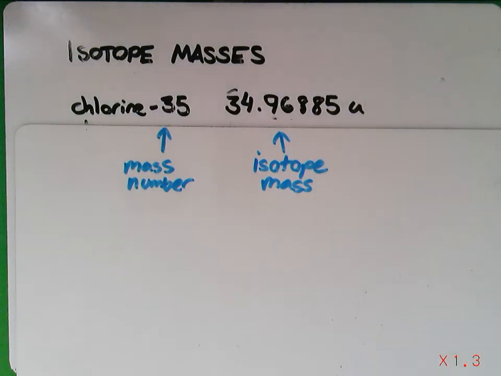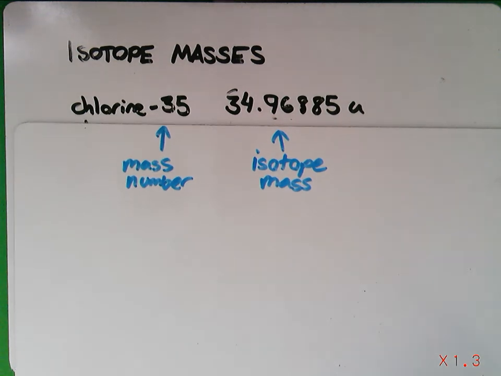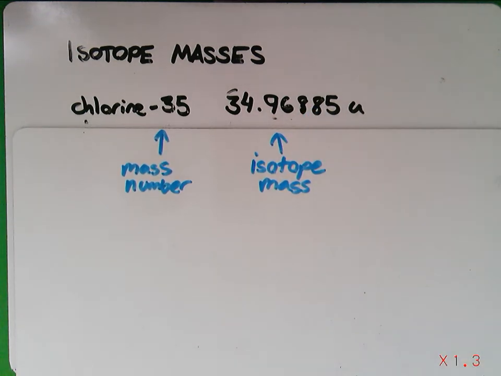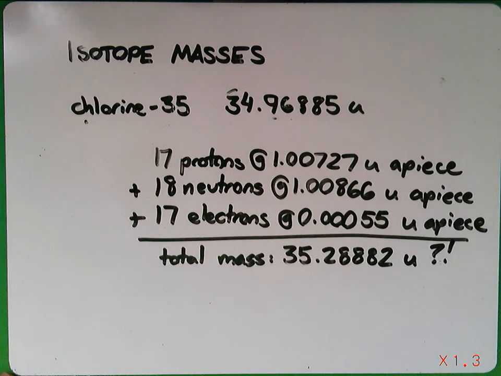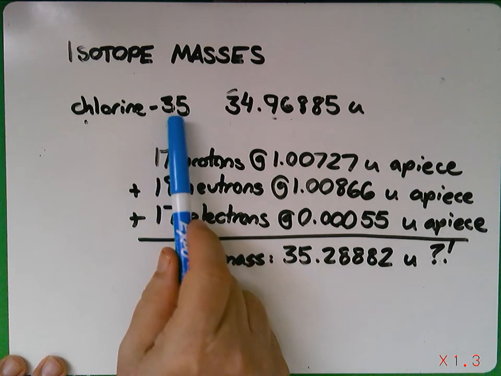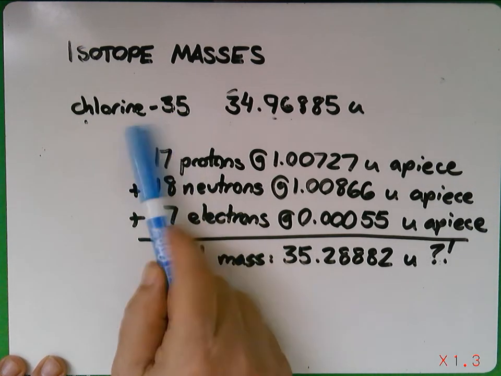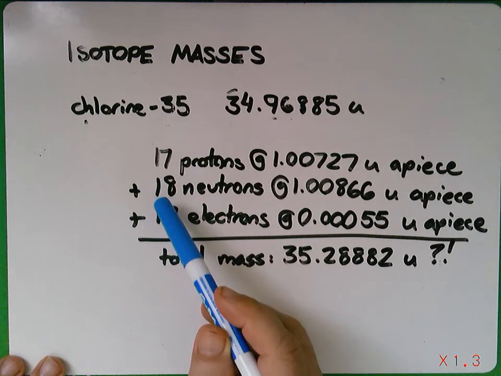Let's figure out what this number should be if you totaled up the mass of all the separate particles, the protons, neutrons, and electrons. And we get something that's surprising and extremely important. Here's the mass budget. I know how many particles are in here. We counted this before in another video.